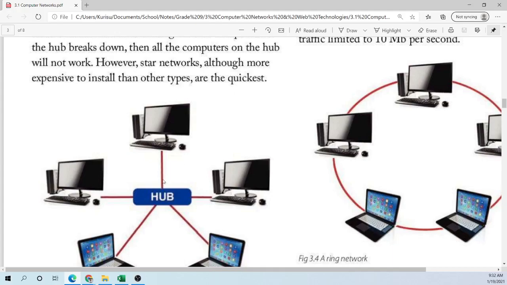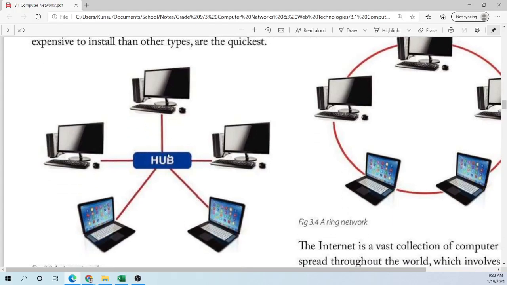So compared to all the other networks, the star network has the fastest data transfer, and that is why almost anywhere you go, you will see a star network. What you have at home is also a star network. All of your devices are connected to that central router that you have at home.